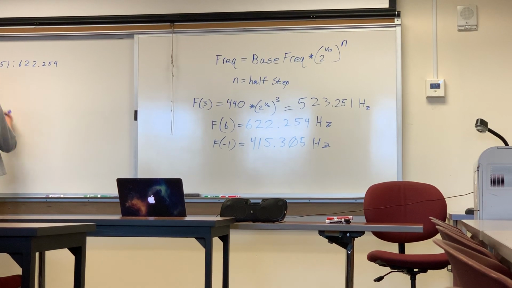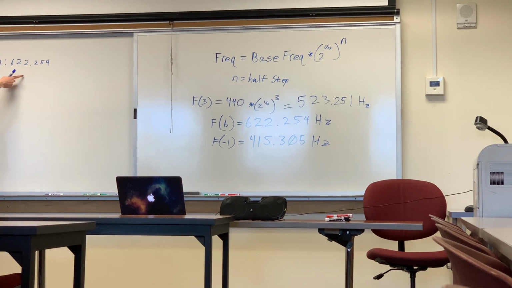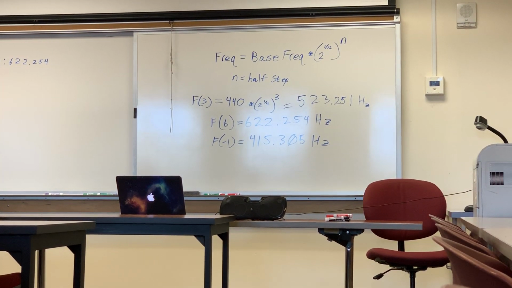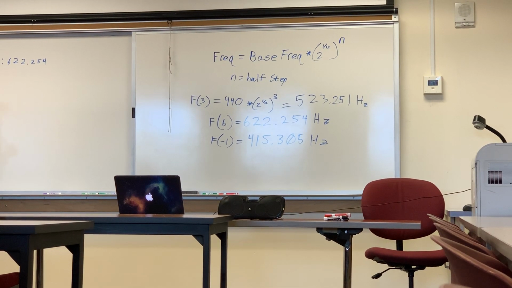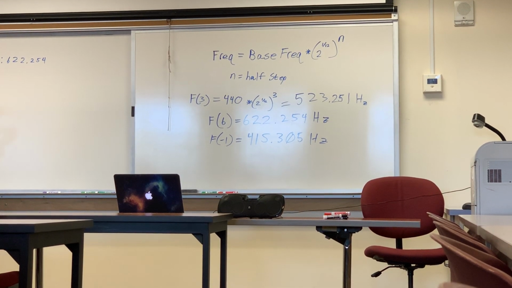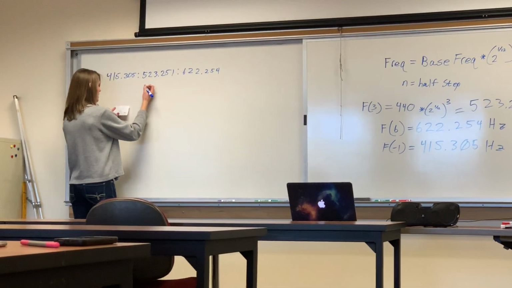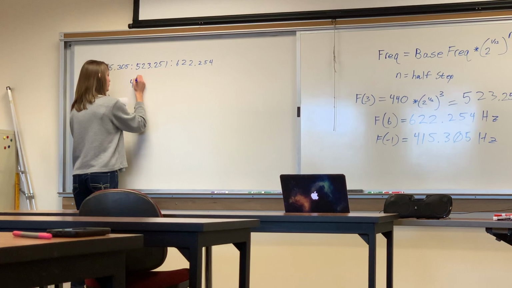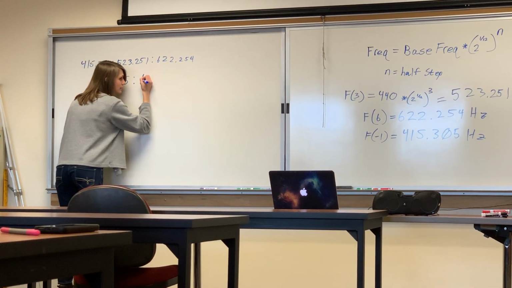Cool. This is f of -1 against f of 3 against f of 6. Simplify this down, and it's an approximation because equal temperament isn't perfect, and we like it to be like that because it sounds better to us. But mathematically, this is a ratio of 4 against 5 against 6.